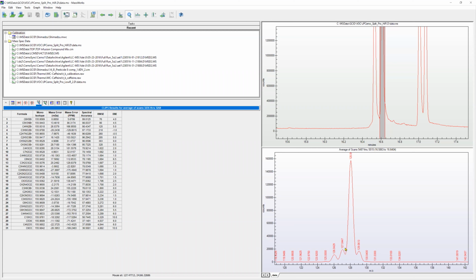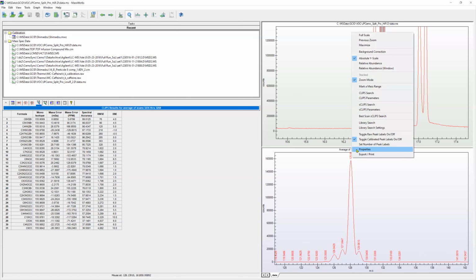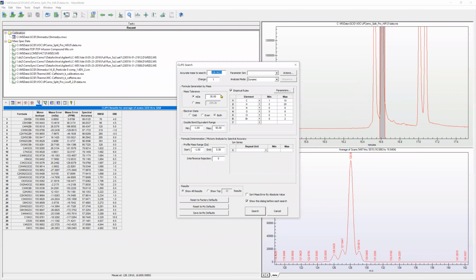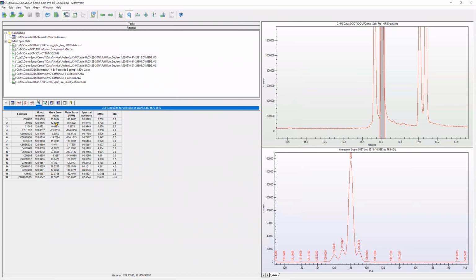So how the heck are we going to identify this with spectral accuracy? Because if we do the search, and I'll just leave all those compounds in there, we're going to get a pretty lousy spectral accuracy. You can see it's not working out too well. Not bad, but it's not great. And the reason for that is because of the interference of these other peaks.